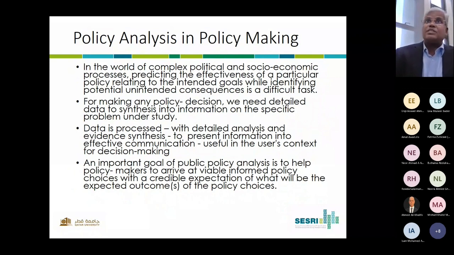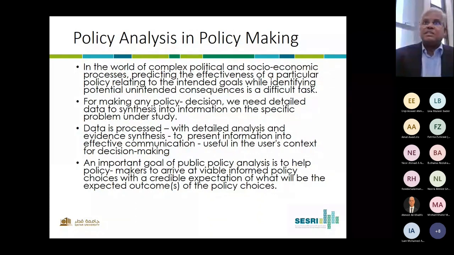We had considerable discussion of the role of policy analysis in policy making in the previous lecture, but to begin with, in discussing the methods of policy analysis: in the world of complex political and socioeconomic processes, predicting the effectiveness of a particular policy relating to its intended goals while identifying potential unintended consequences is a very difficult task. So one has to be careful and perform very serious analysis before opting to implement a policy.